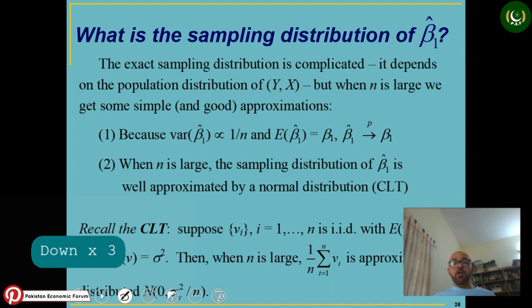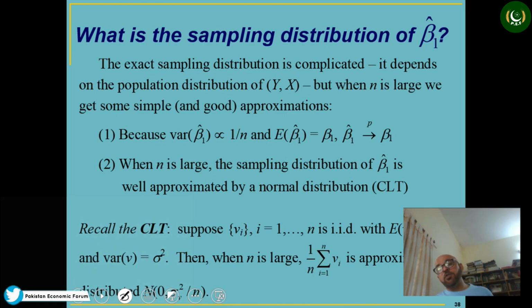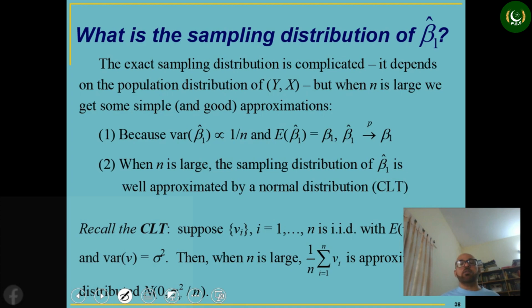So what is the sampling distribution of the OLS estimator? As I explained, the sampling distribution of the OLS estimator is normally distributed for large samples, and for small samples, if ui is normally distributed, then yi is a linear function of ui, and beta 1 hat is a linear function of yi. Any linear transformation of a normal random variable is normal.